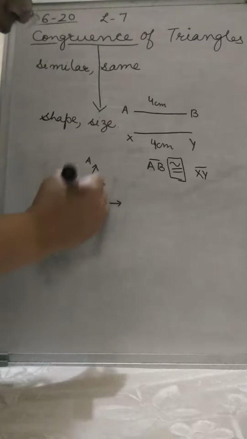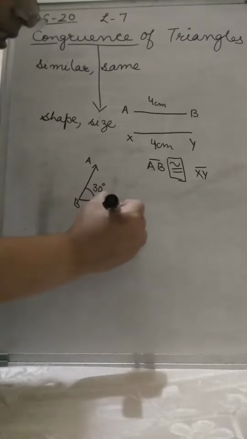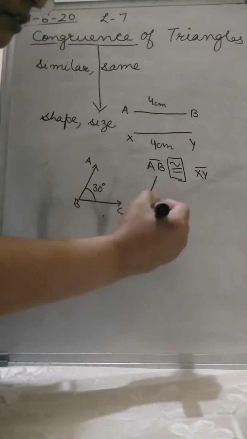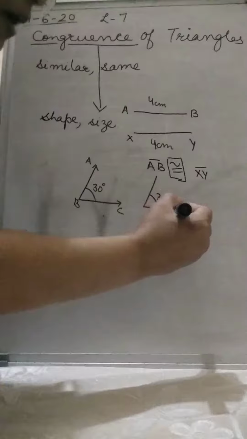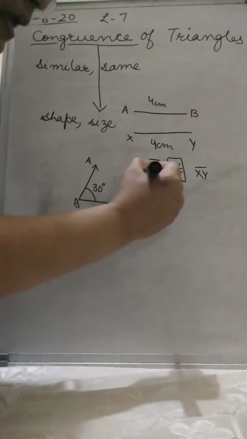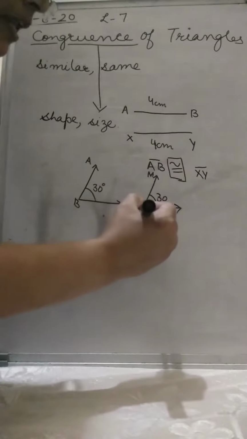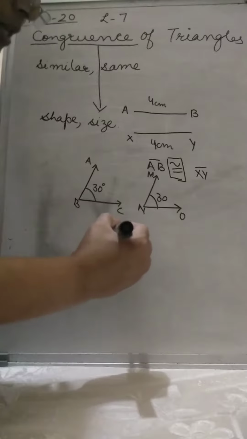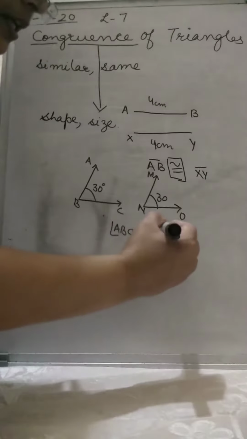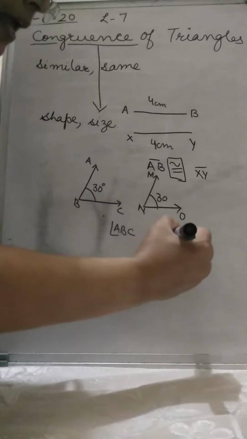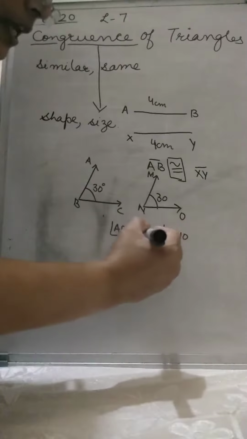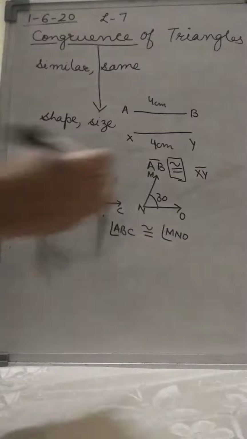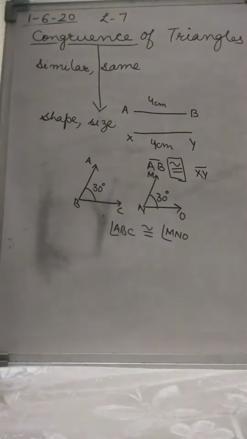So this is angle ABC, and if I draw another angle of 30 degrees, MNO, then angle ABC and angle MNO are congruent to each other because both are of 30 degrees.